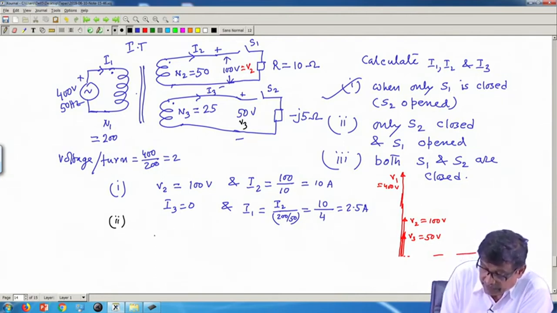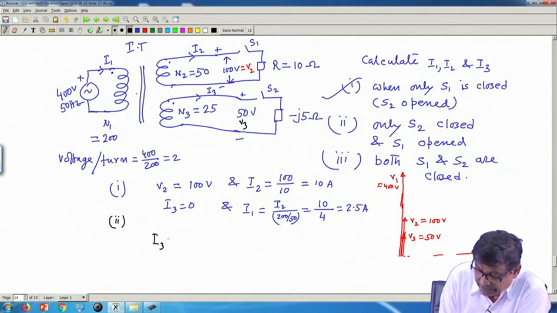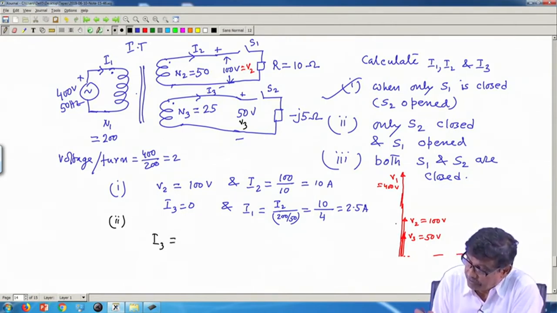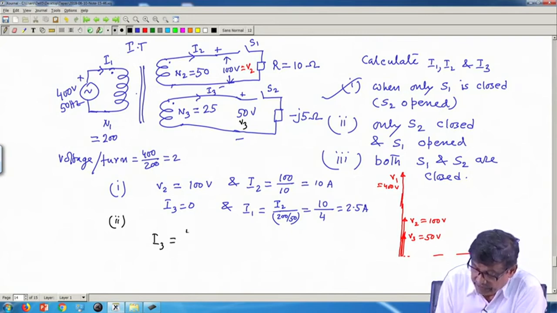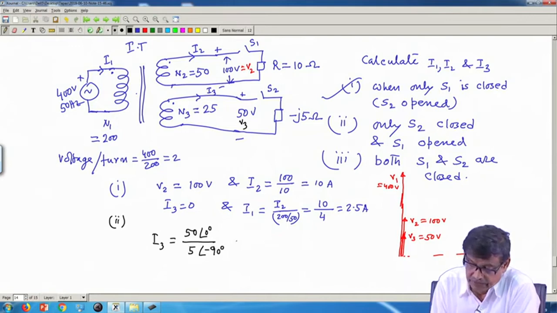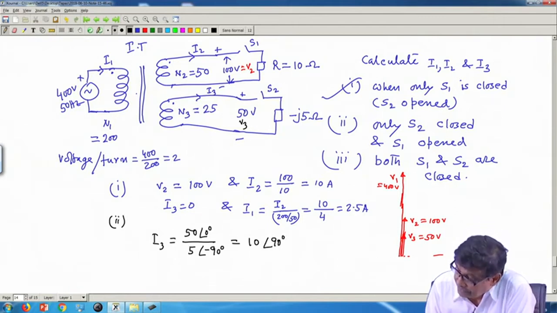So, in the second part, the voltages remain the same. Suppose I take the voltage as reference, 50 at 0 degree, divided by 5 at minus 90 degree. So, this will be equal to 10 at 90 degree leading. Therefore, I 3 will be here.